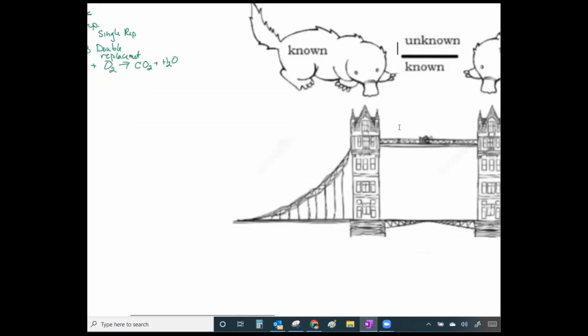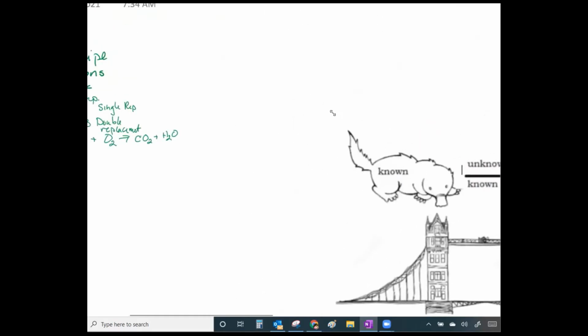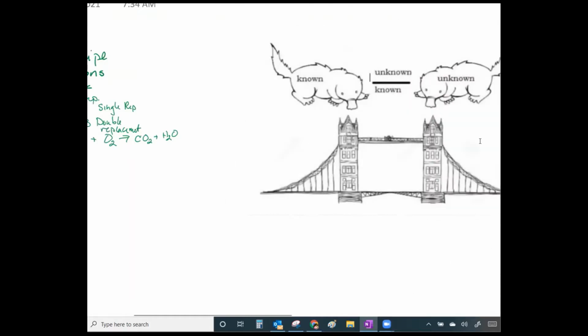Stoichiometry is simply being able to change from one substance to another. And I use a bridge analogy. You can only change from moles to moles.